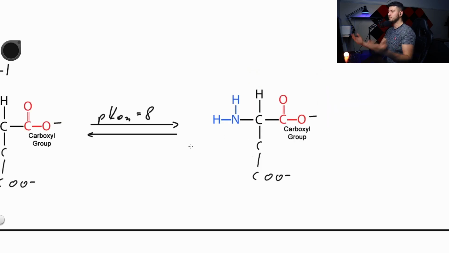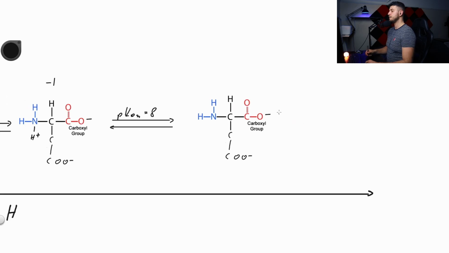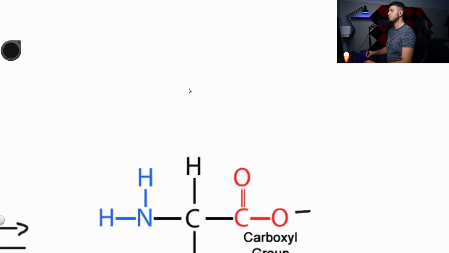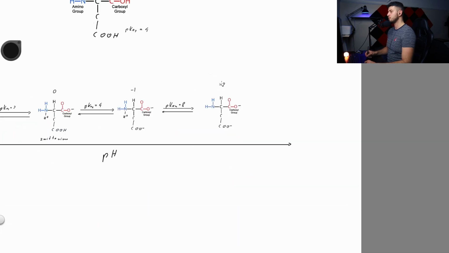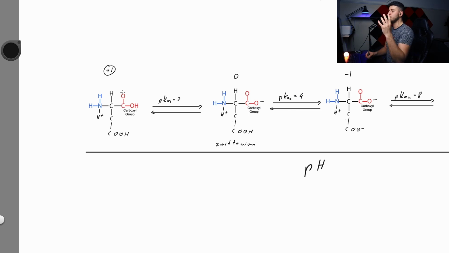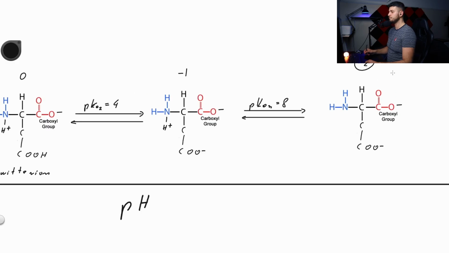This hydrogen will be taken to the environment, and we are left with something like this. Now there is no positive charge on this nitrogen to balance the negative charges on the carboxyl groups. So the overall charge will be negative 2. That's the thing: with an extra hydrogen you gain 1, and if you lose a hydrogen, you lose 1. So from positive 1, to 0, negative 1, and negative 2.